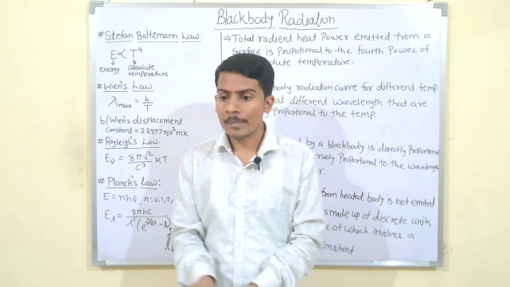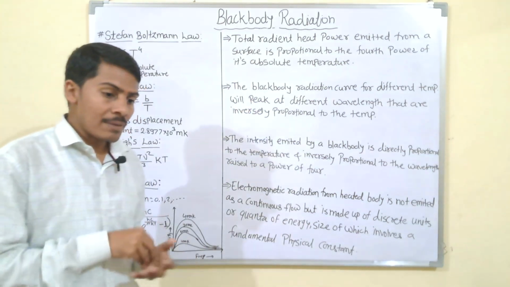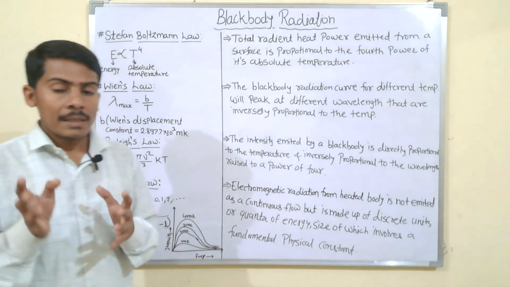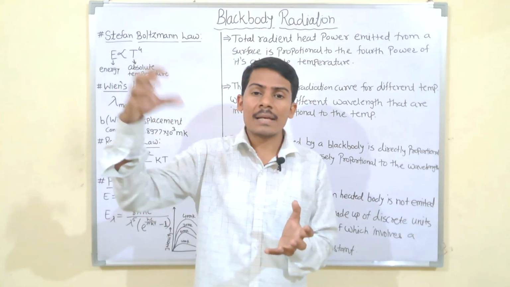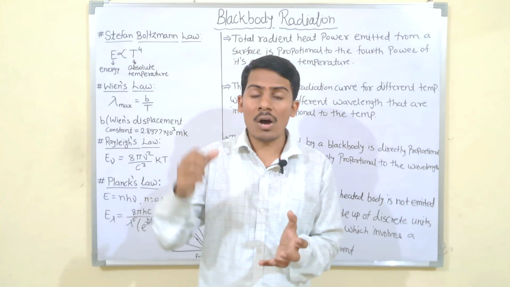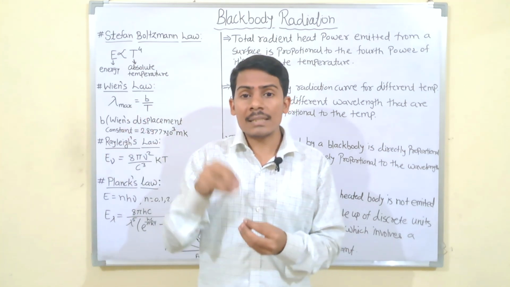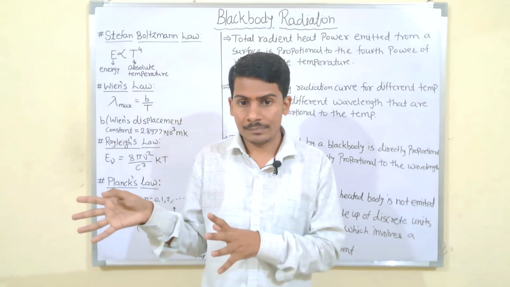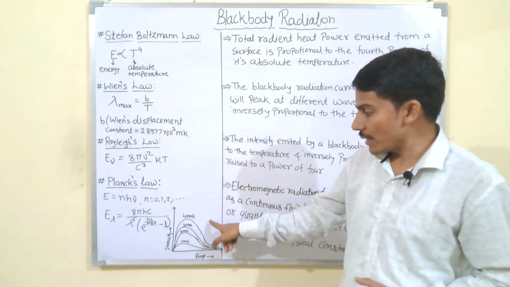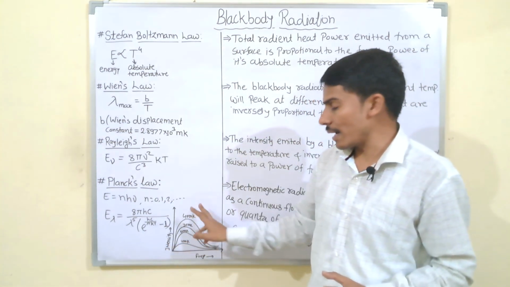Is it okay? Okay. Now suppose the intensity of the emitted radiations is dependent on its frequency and the temperature. Here we have given the graph: the frequency, the intensity and the temperature.